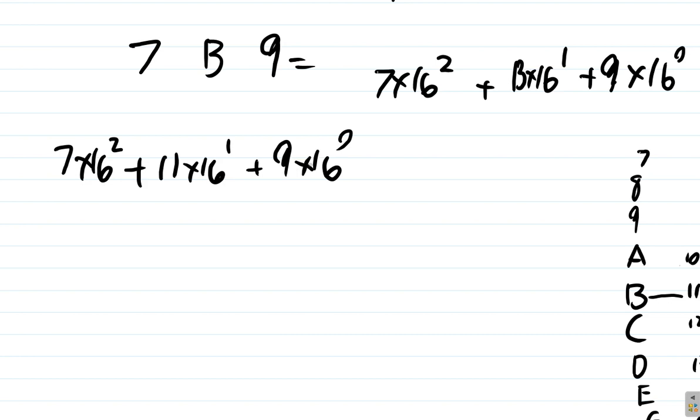Alright? So 16 to the 0 is 1. So it's 9 by 1 plus 11 by 16. 16 to the 1 is just 16. Plus 7 by 16 squared. Let us work these out now using our calculator. 7 by 16 squared.